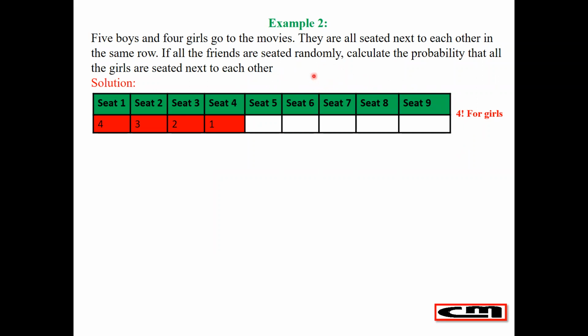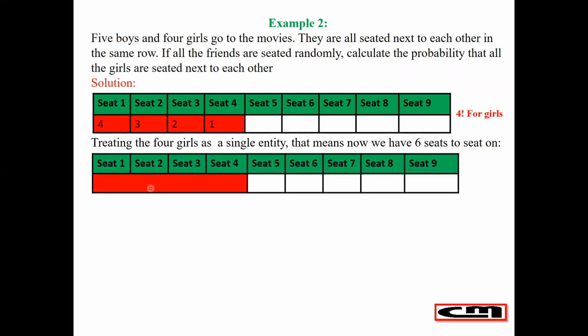But straight away, I want to use the method where I keep the 4 seats as 1, right? So treating the 4 girls as a single entity, that means now we have 6 seats to sit on. This is the situation. I've killed all these 4 seats.